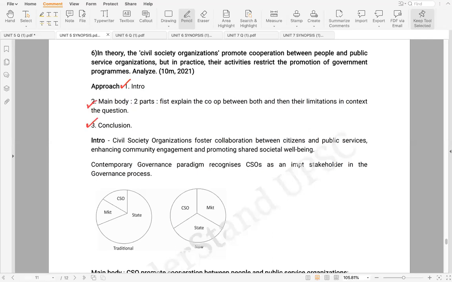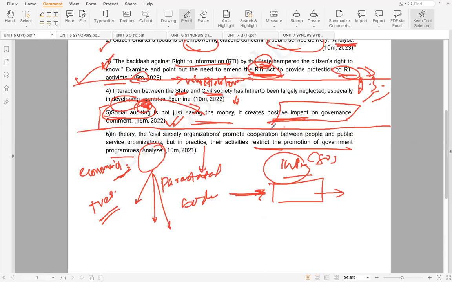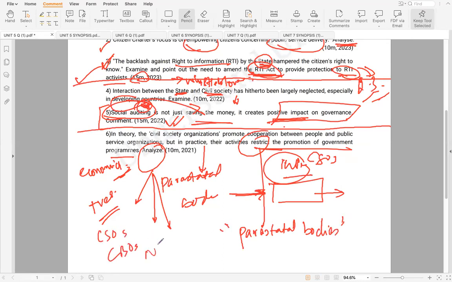Yes. Sir, what includes parastatal bodies? Yeah, so all these bodies such as civil society organizations, community-based organizations, SHGs, NGOs, all of these are known as parastatal bodies. It's usually a negatively connotated term. तो जो question की essence है ना कि वो it restricts the promotion, तो उस case में हम उनको parastatal bodies बोल देते हैं. ठीक है? ये जितनी भी bodies हैं, CSOs, CBOs, NGOs, SHGs, all of these.